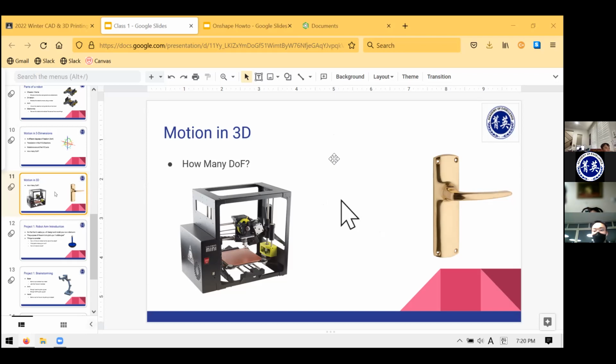Right, the mouse pointer, I see in the chat, has 2 degrees of freedom. If we consider the space that is our computer screen, it's a lot like a piece of paper. It's a flat 2-dimensional space where any object on the screen can just move up and down or left and right.